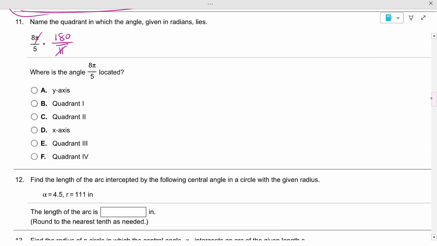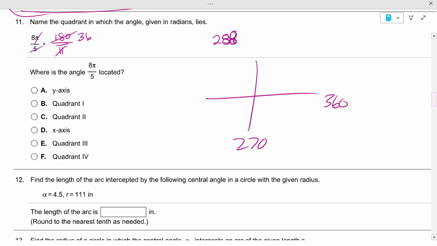The pi's cancel. 180 goes into 5 36 times. 8 times 36 is, something like 254, I don't know. No, 284? 288. Boy, I'm bad at math. 288. So 288 is bigger than 270 because 270 is down here, 360 is here. So we must be in quadrant 4. Okay?